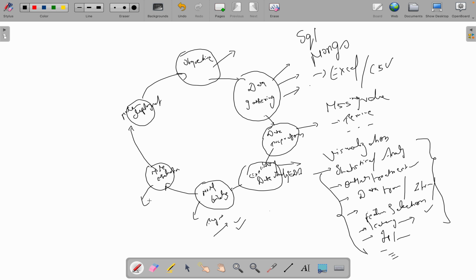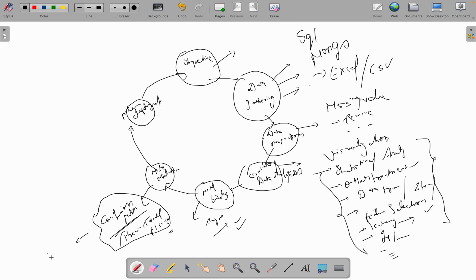Now it comes to model evaluation, which we do most of the time using the confusion matrix: precision, recall, F1 score. This is for classification.